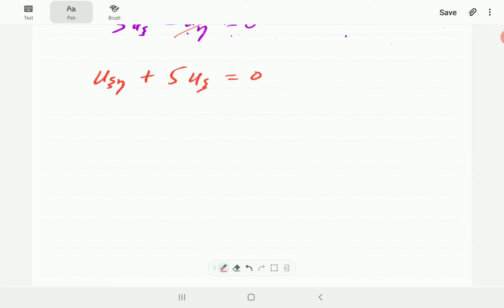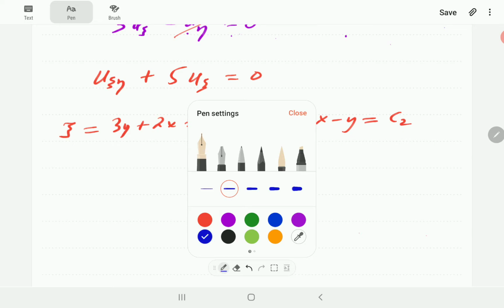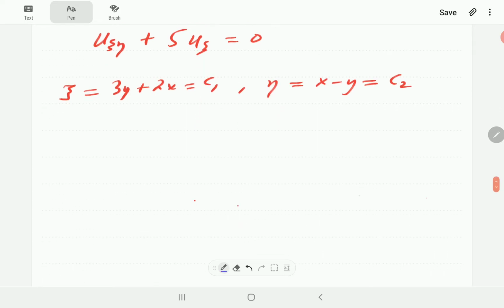Before we go to part 3 to solving this, I'm just going to make a note about the canonical coordinates. So you've got to remember, here we have xi is equal to 3y plus 2x equal to c1. And then we have eta equal to x minus y equal to c2. Now, what this analysis is telling us is the following.